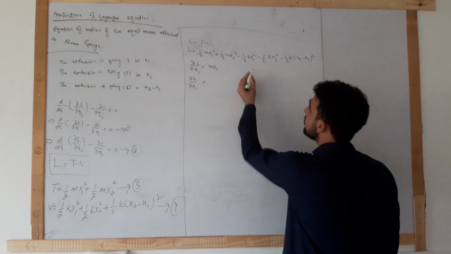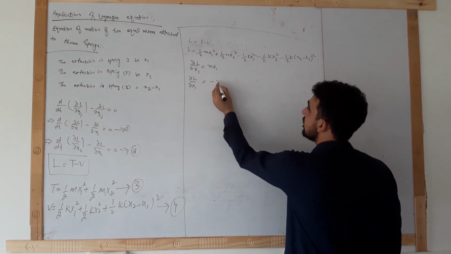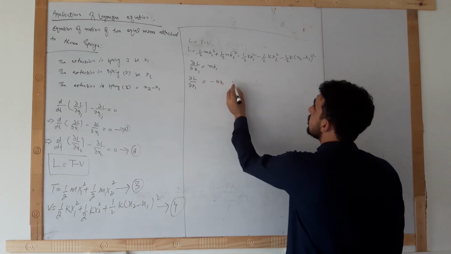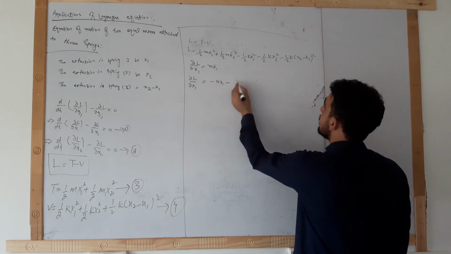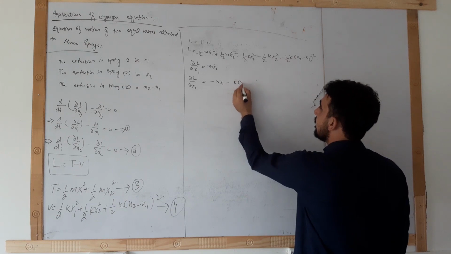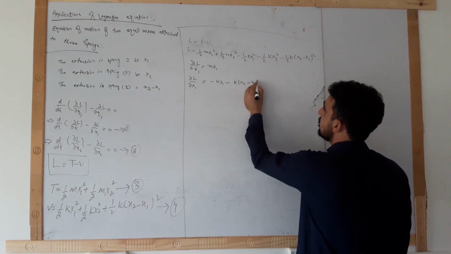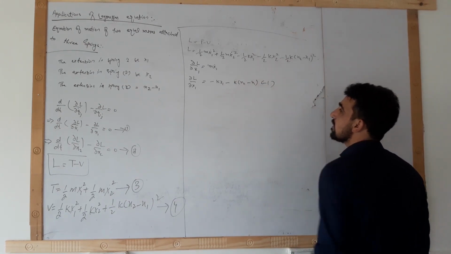The rest of the terms become 0 and this will be minus k x1 minus k times x2 minus x1 times minus 1.